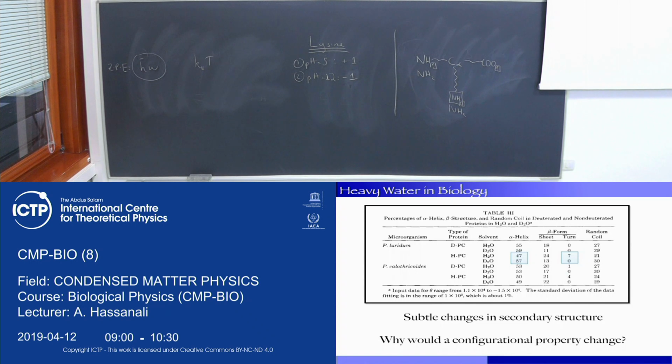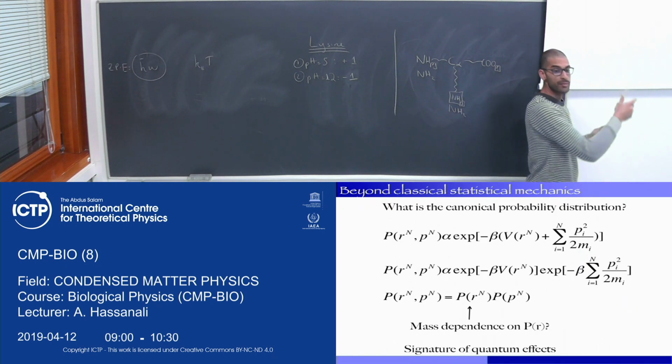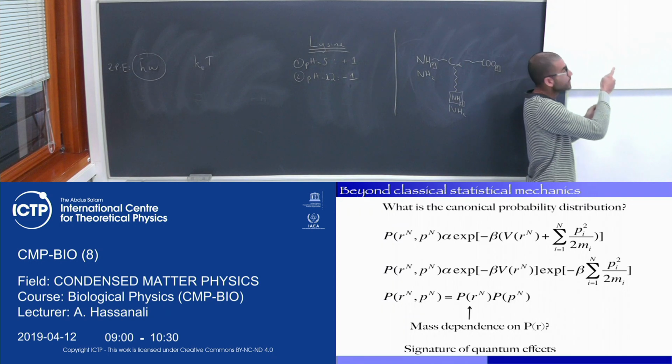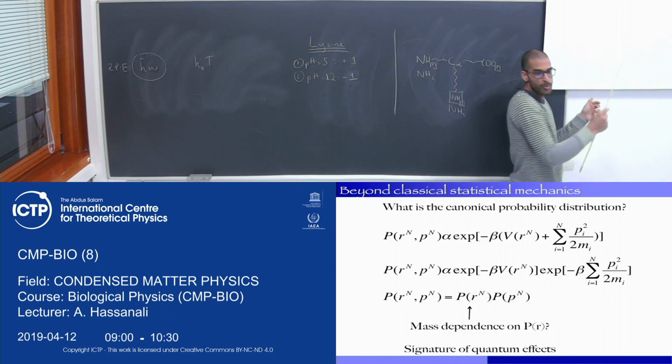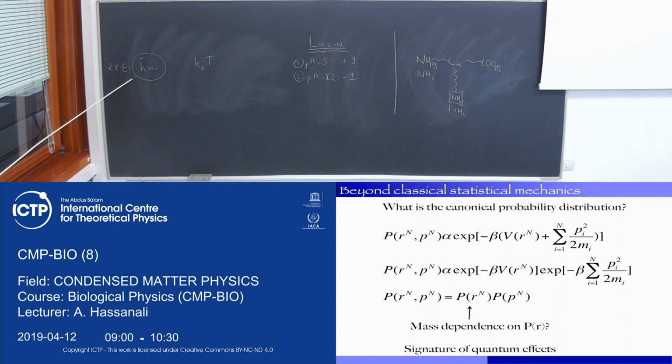If classical statistical mechanics holds, they should be exactly the same, because the amount of alpha helix depends on this only, where there's no mass dependence. So all I'm saying is that the classical picture is breaking down. So that means I need to think about this. But in order to appreciate this, I need to know how large it is compared to thermal energy in this type of system.